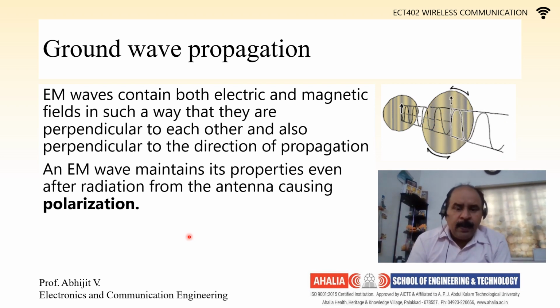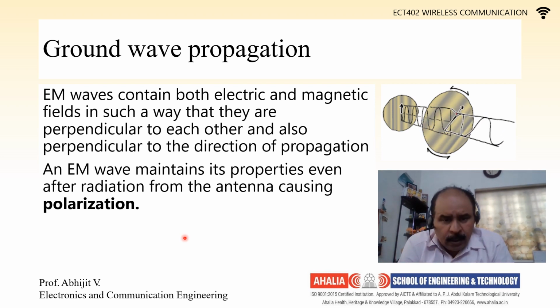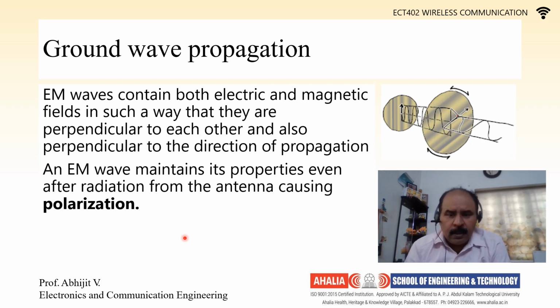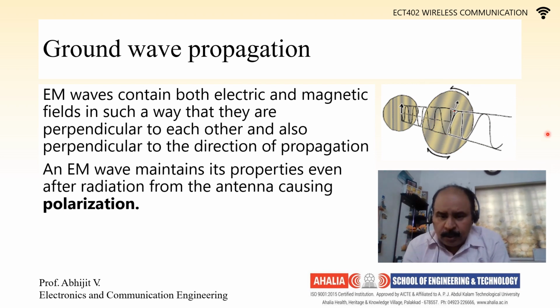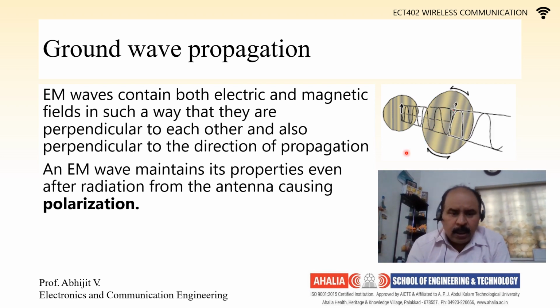So when this angle is maintained, or this changes, this is called polarization. We have studied this in our basic classes. Here I have given, also taken from Wikipedia, a simple illustration of how the waves are getting polarized or changing.